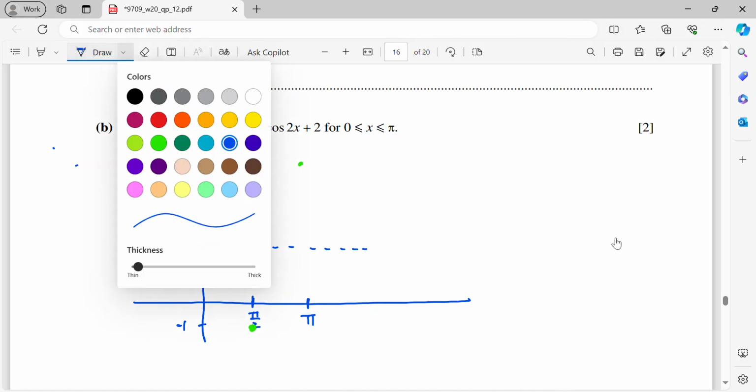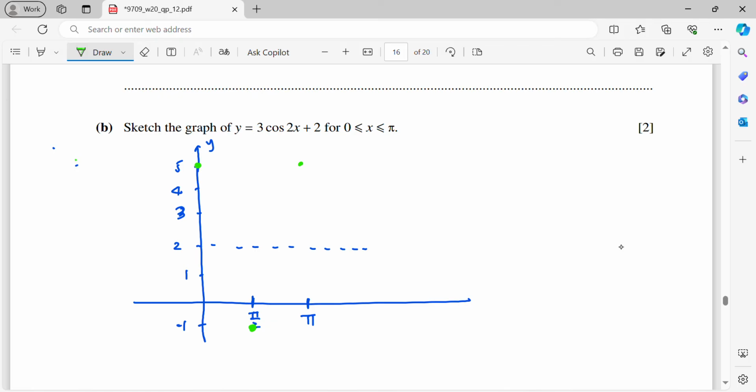So my graph is, okay, this is my graph. Right, so this is y equals to 3 cos 2x plus 2. So this is the x coordinate, x axis.